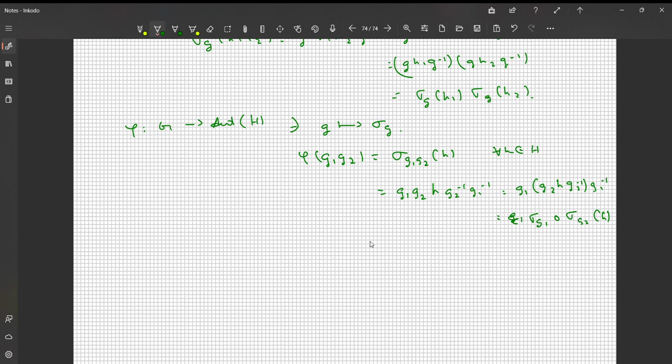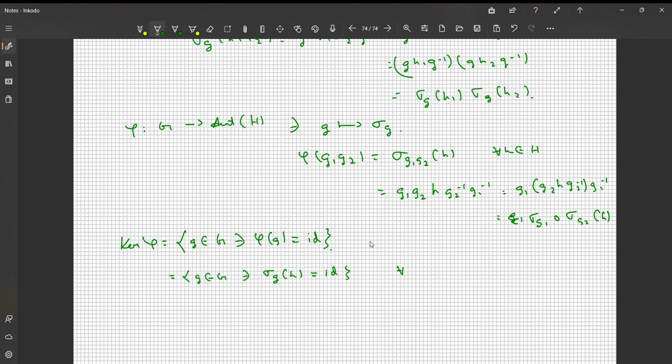Now, what can you say about the kernel of this? So, what is the kernel of psi? So, the kernel of psi is the set of all elements small g in capital G such that psi of g is the identity mapping. Right? So, g in G such that psi of g, which is nothing but sigma g of h, is equal to identity, right?